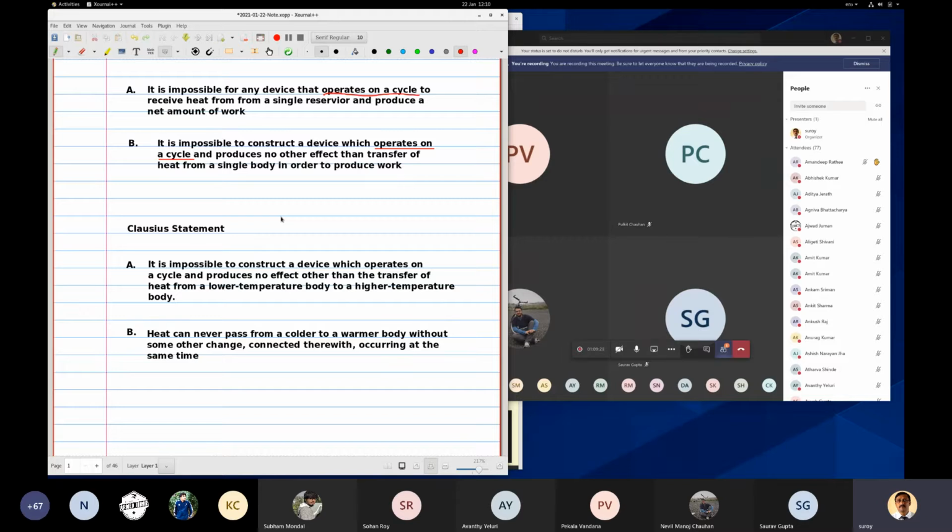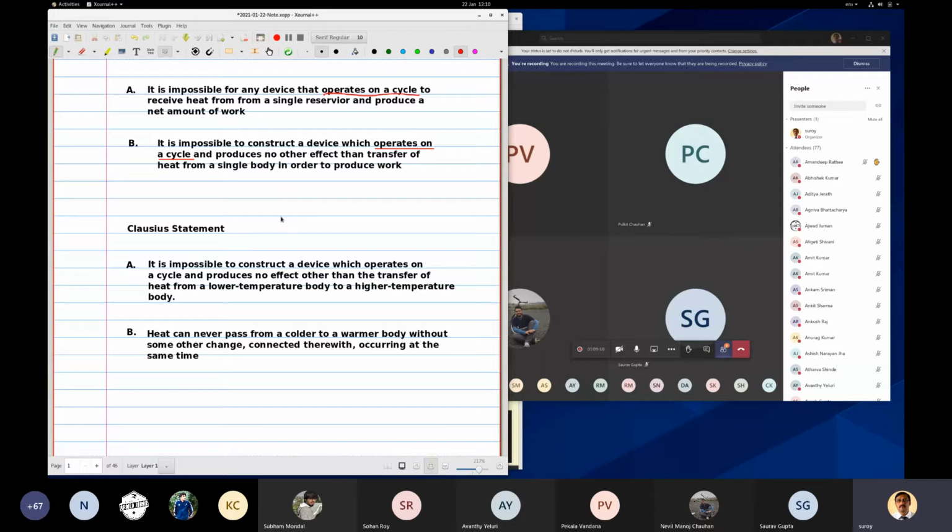When it's very hot outside, we cool our room. How do we do that? We cool our room by transferring heat from the room to the outside environment, which is very hot. So we are transferring heat from the lower temperature room to a surrounding which is at a higher temperature.